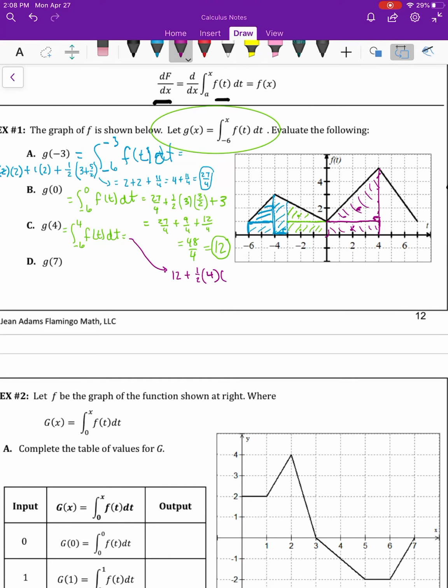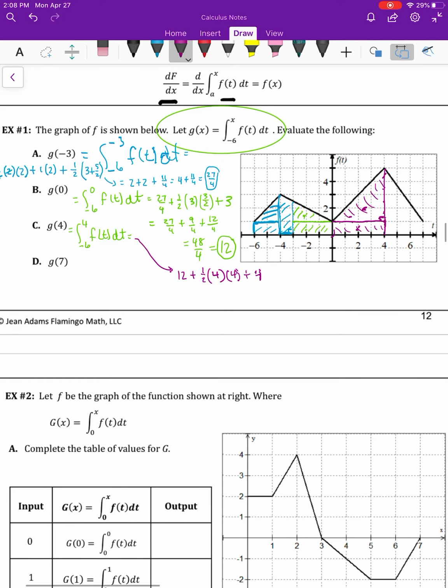So it's just 1, 2, 3, 4 height. And then plus, we've got a 1 by 4. So 1 times 4 is 4. So this one is going to give us 12 plus 8 plus 4. So that's going to be 24. So our g of 4 is 24.